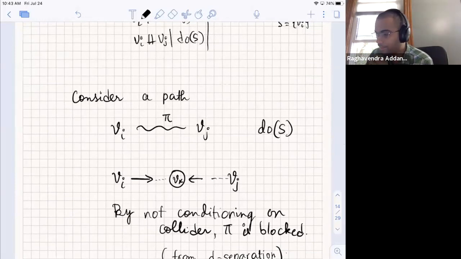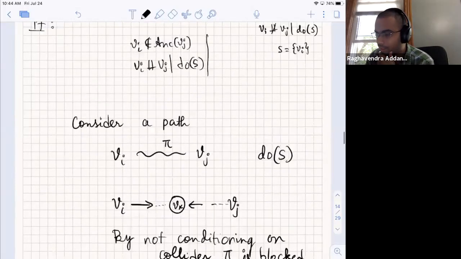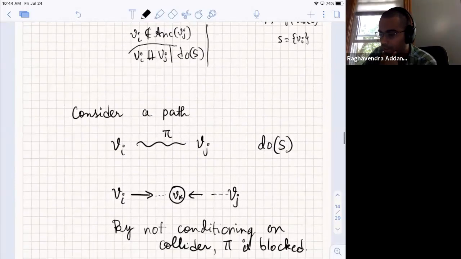And we assume that this path is not a directed path. So there should exist a collider on this path. If there is no collider, it means that the path is directed and Vi is an ancestor. Because it's not an ancestor, there should exist a collider Vk on this path. Observe that in our test, we are not conditioning on anything.